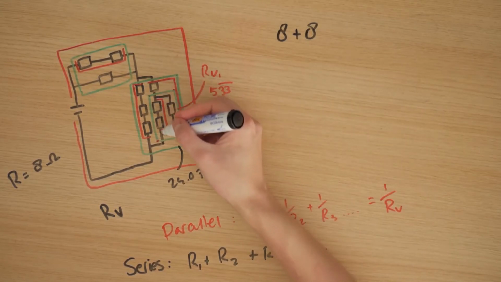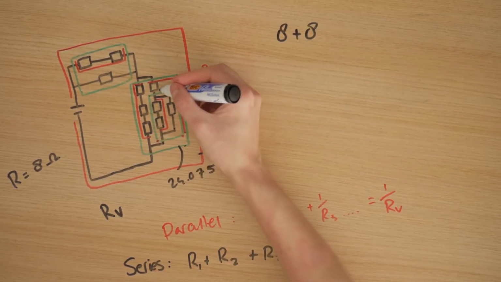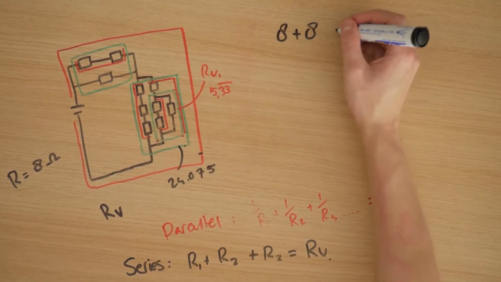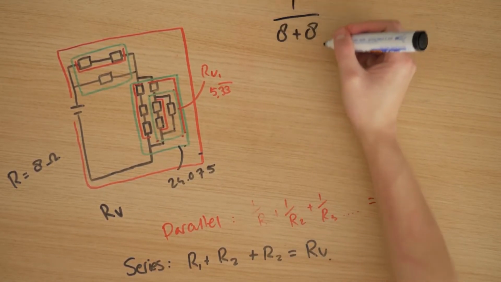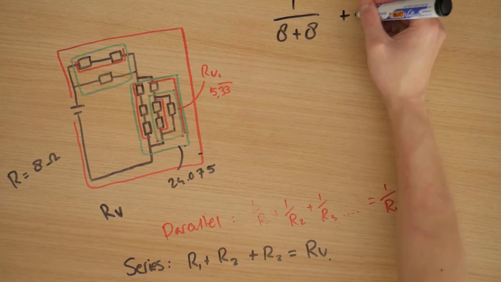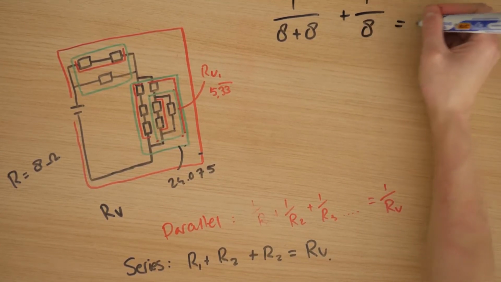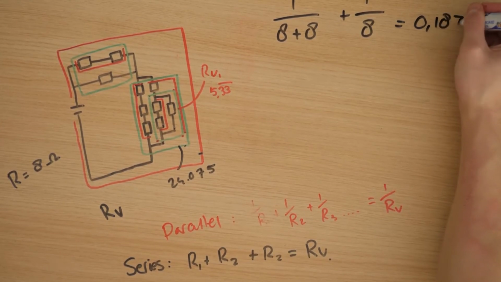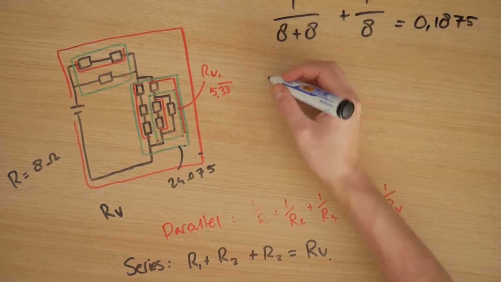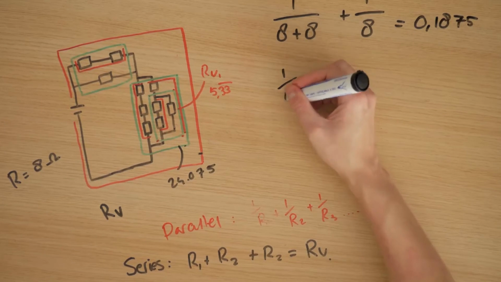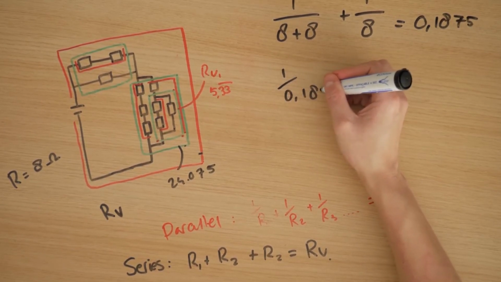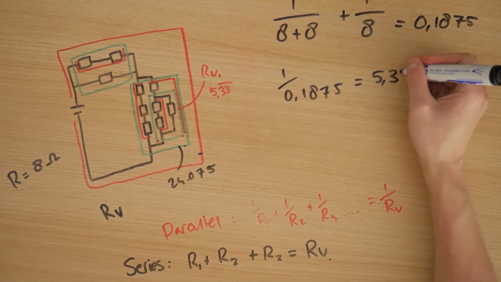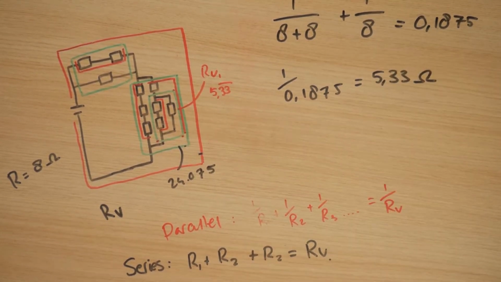It's the same thing as this, actually, if you would look closely. 8 plus 8, 16. Was that 0.1875? I believe it was, which would lead back to 1 over 0.1875, that same 5.33 ohms.